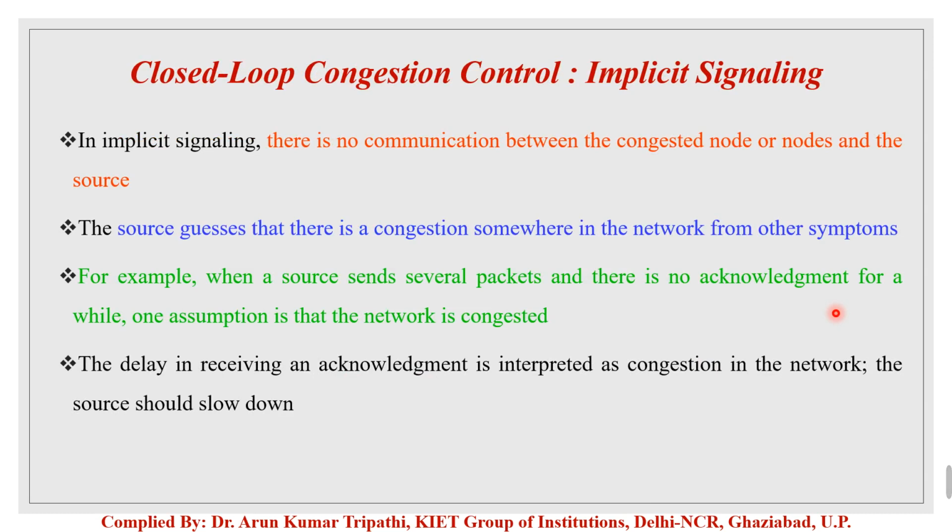Implicit signaling, for example, is a real life example. If I am asking you a question and you are not giving the answer, I will ask one question, a second question, a third question, a fourth question. Then I will think he is not in a state to give the answer, so I will ask the question to another person.